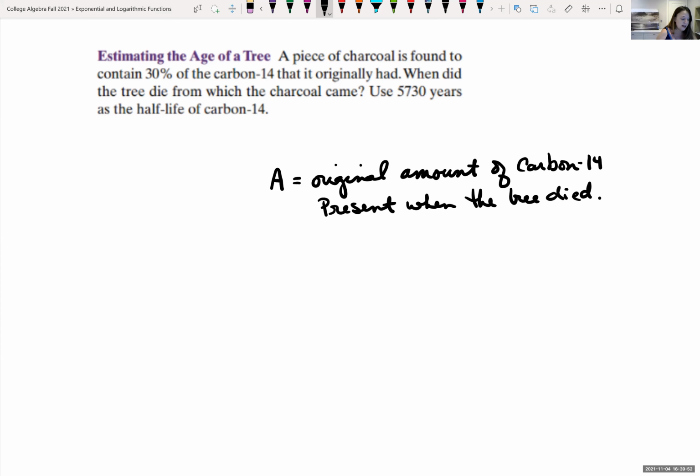Okay, so we know that half of that amount will still be there. So A over 2 is equal to the original amount A, e raised to the k, but it's going to take that time, 5,730.